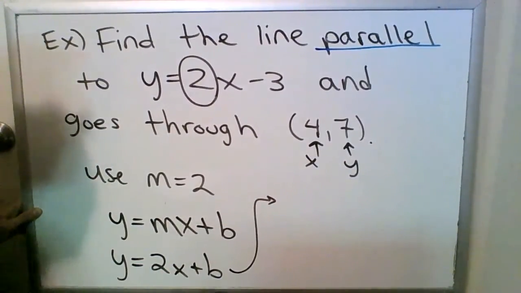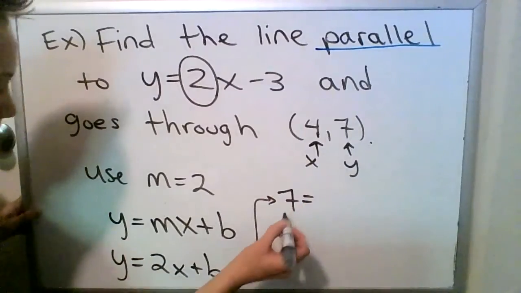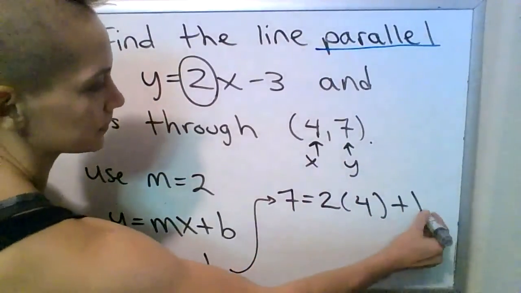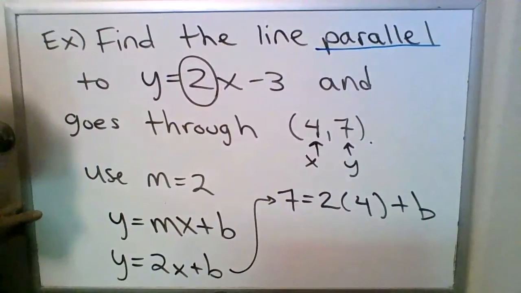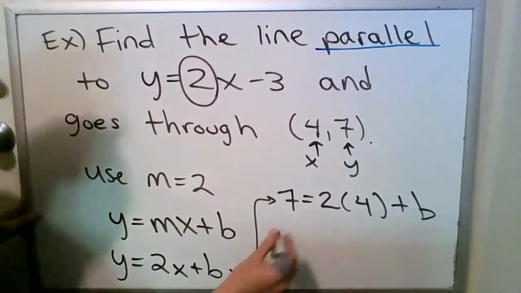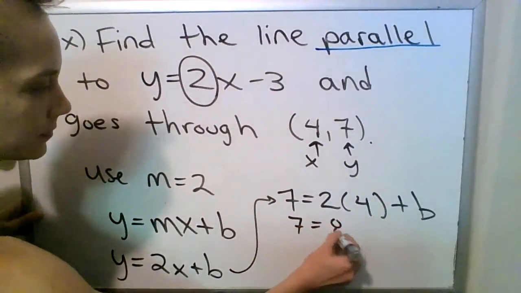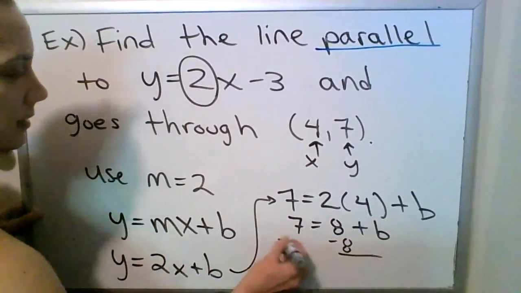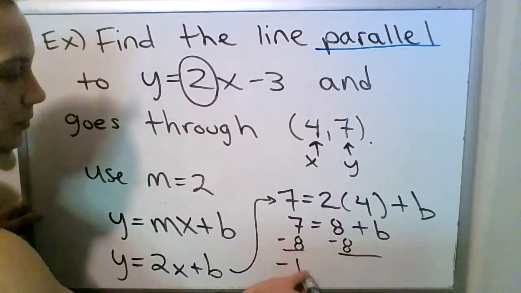I put in 7 for y and have this equal to 2 times 4. I can solve for b. So 7 equal to 8 plus b. Subtract 8 from each side. Negative 1 equal to b.